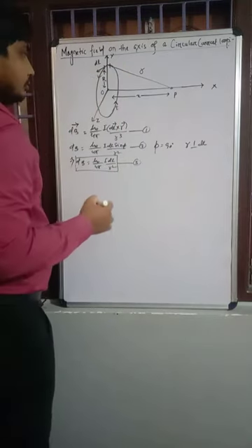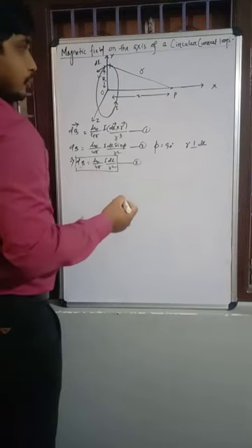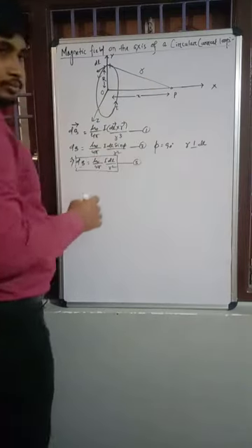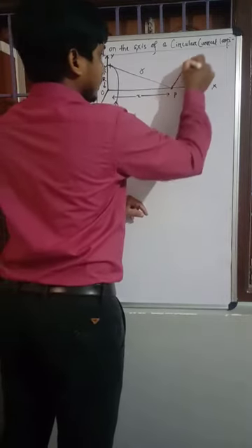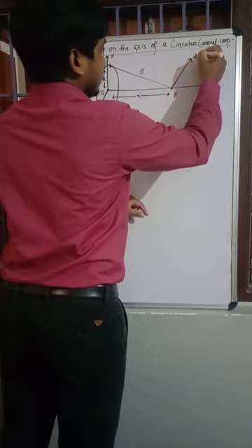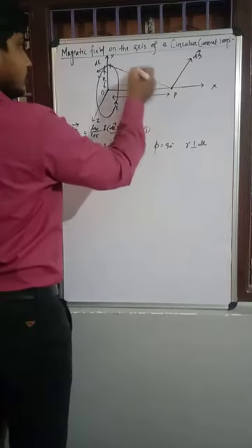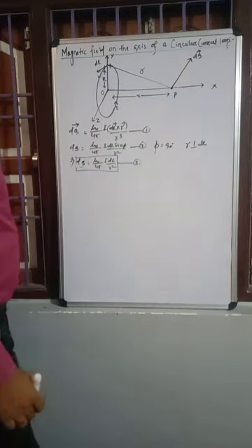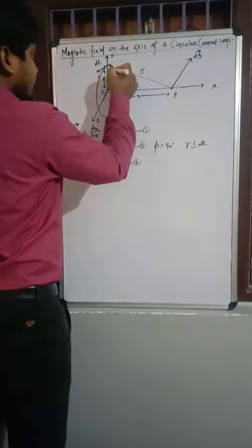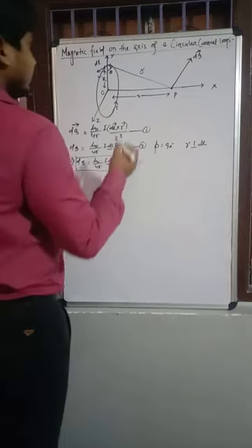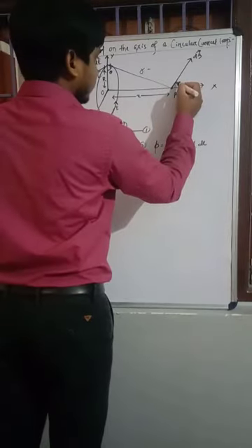So this is the magnitude of the magnetic field at the point P due to the element dl. Now we know that the direction of this magnetic field is perpendicular to the position vector r, hence this dB at this point will be directed in this direction. This is the direction of the dB vector, which will be perpendicular to our r. Now, if this angle is theta, theta is the angle between this small r and capital R, then this angle will also be theta.